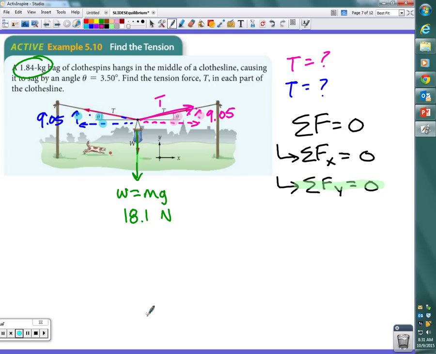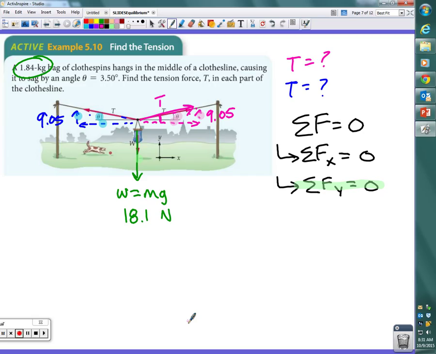So, let's work backwards. We know some things about this triangle. We know this side and we know this angle. Which side do we know in relation to the angle that we know? We know this angle right here, right? So that means 9.05 is which side of the triangle? Opposite. And we're trying to find the what? Hypotenuse.